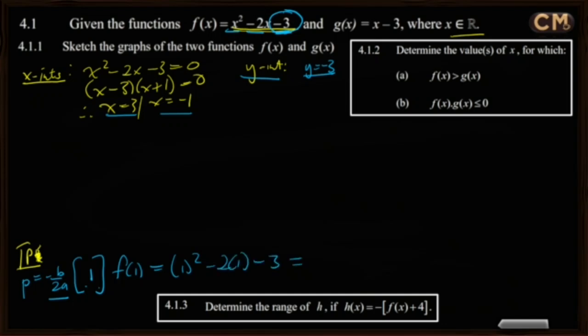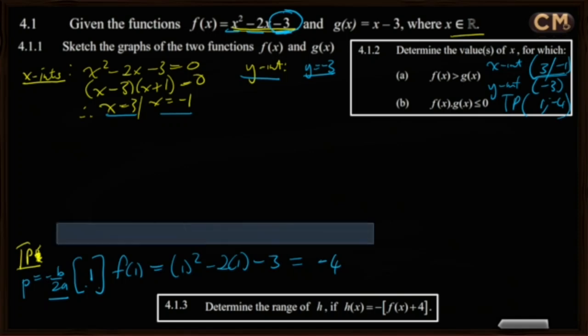Use a calculator and you'll find that is equal to negative 4. So let's just find a place for all this data. I think called x ints. Then we have 3 and negative 1. So this is not formalized, this is just for us. Our y int, of course, that c value is negative 3. And then our turning point, that is going to be 1 and minus 4, of course. So let's clear the board.